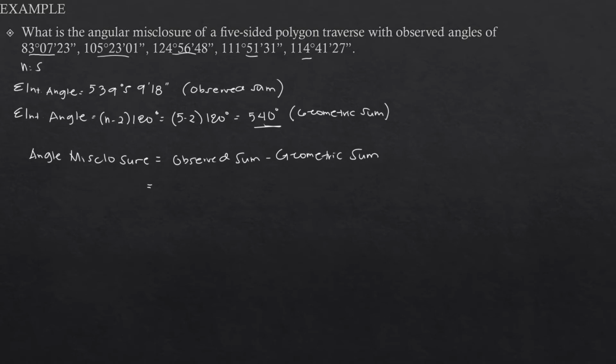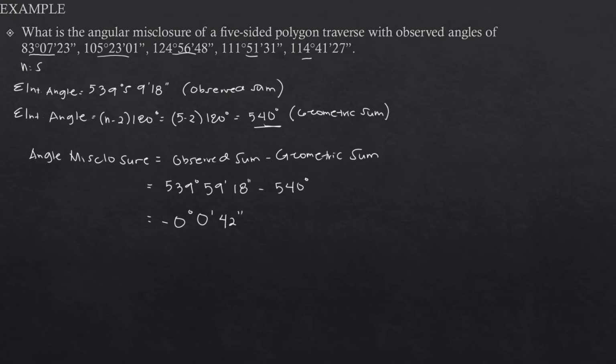So, may observed sum tayo na 539 degree, 59 minutes and 18 seconds minus 540 degree. So, meron tayong angle misclosure na computed negative 0 degree, 0 minutes, 42 seconds. So, meron tayong 42 seconds na misclosure.